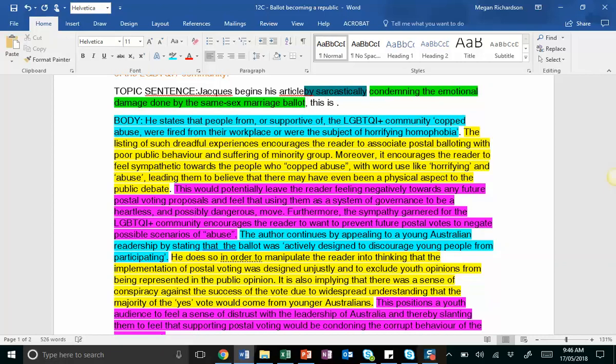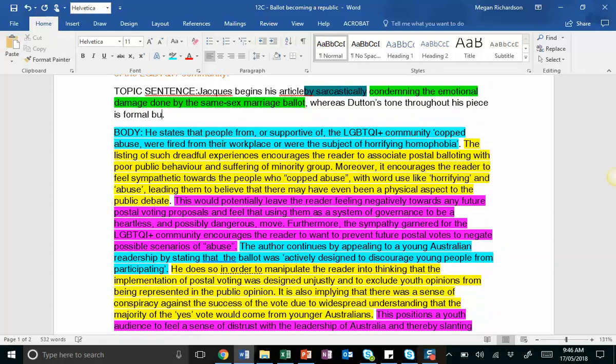Let's see. Whereas Dutton's tone throughout his piece is formal but overwhelmingly positive.